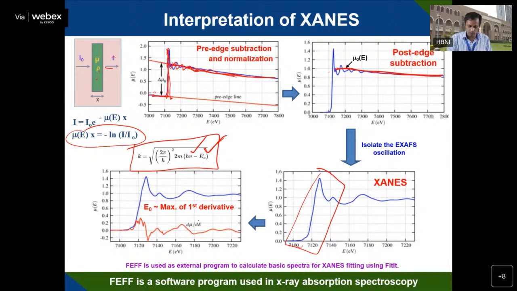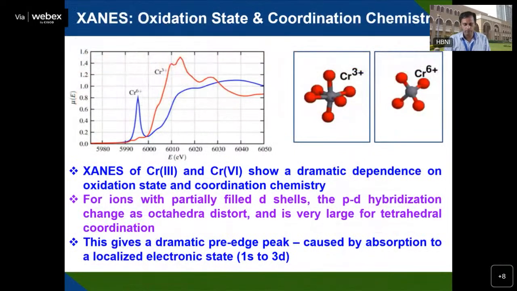E0 you can calculate from this, and you will be able to calculate the k value here. Once you get the k value, you can use it for further analysis that we'll discuss.